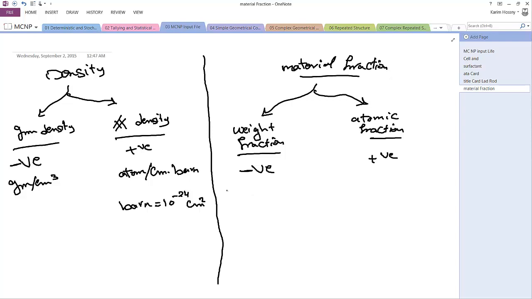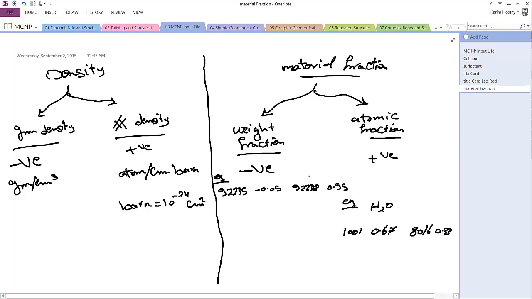Example: if I have a weight fraction of 5% enriched uranium, then it's 92235 negative 0.05, and a space, that's how it's written, 92238 0.95. For an atomic fraction example, like water, we have H2O, therefore 1001 0.67 and 8016 0.33.